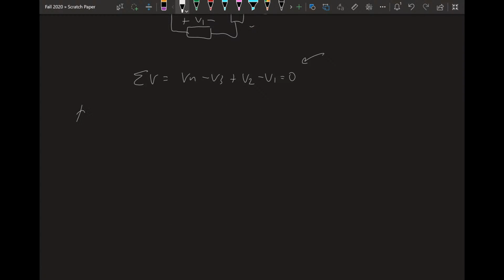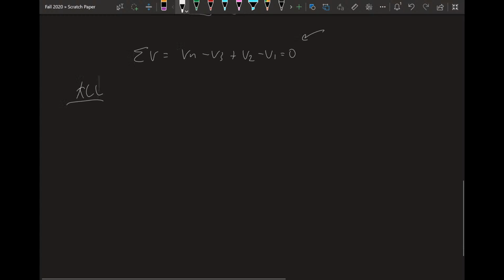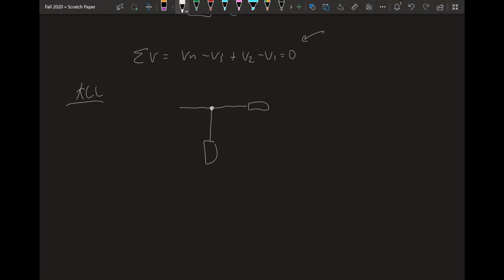Similarly, Kirchhoff's current law, KCL, states that the sum of the currents going into and out of a node is 0. So what is a node? A node is where two or more circuit elements meet. So theoretically, there'd be elements at these sides, but I'm not going to draw them. We're going to have I1, I2, and I3. My convention is that currents going into a node are positive, and currents going out are negative.